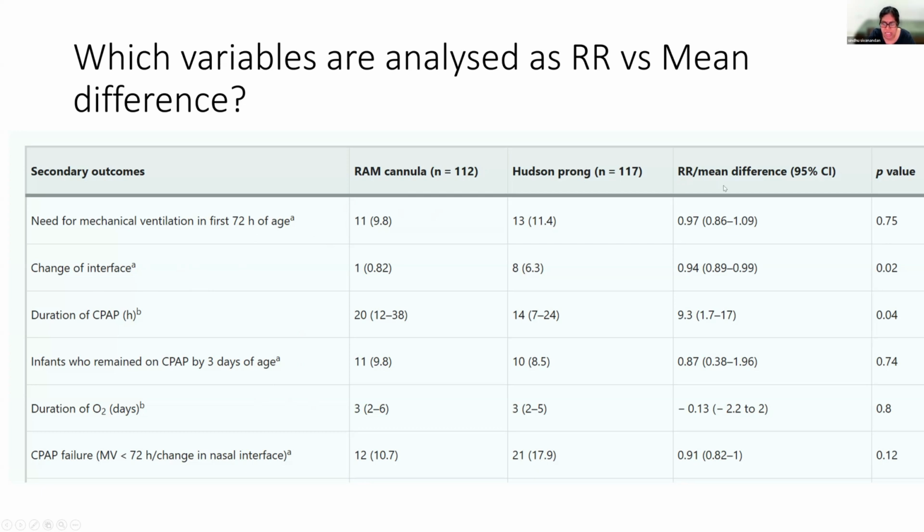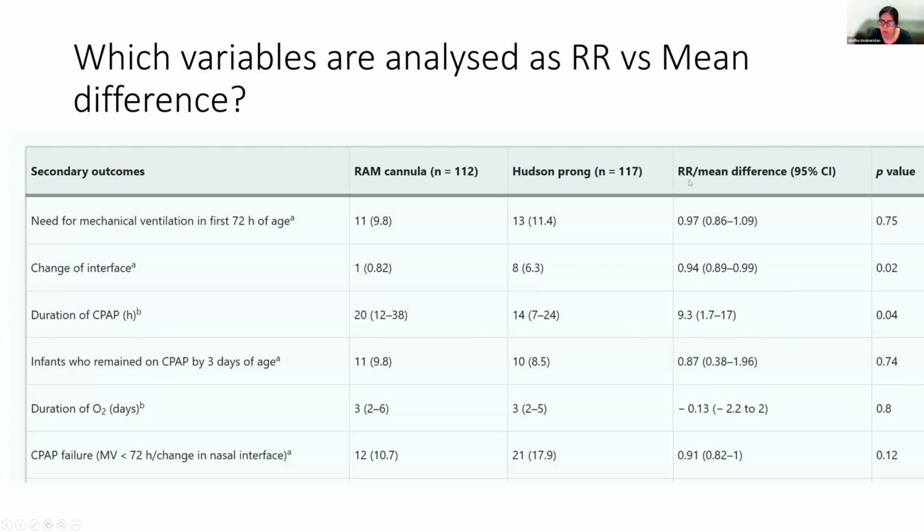Here they have used risk ratio and 95% confidence interval. However, look at these numbers marked B, these are numerical variables. When you compare numerical variables between two groups, we use mean difference and 95% confidence interval. Here you have the p-value.